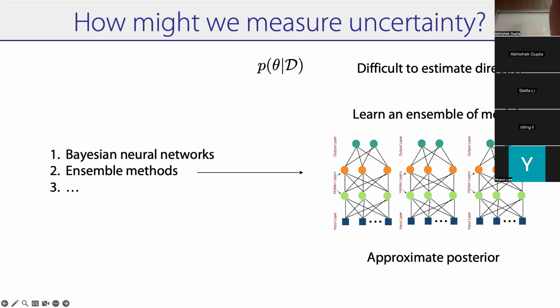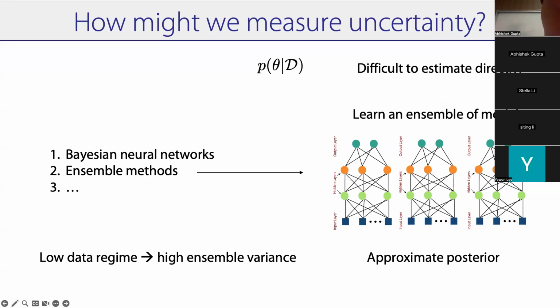If you have infinitely many models, and you do this properly, then you can show that it's the true posterior. But when you have a finite number of ensemble members, and you're often initializing them with the same architecture, then it's an approximation, right? So the point is that if I want to estimate uncertainty, I can have an ensemble of models that train on the same data.